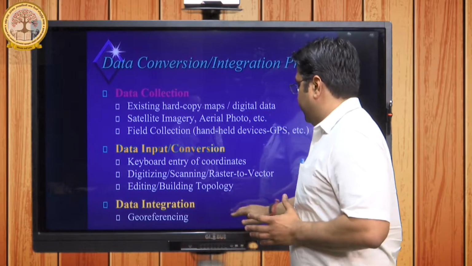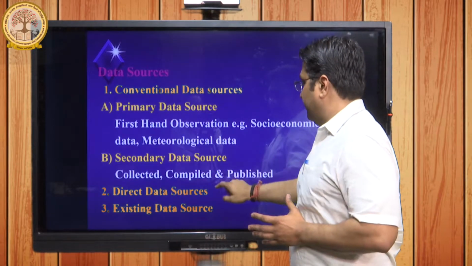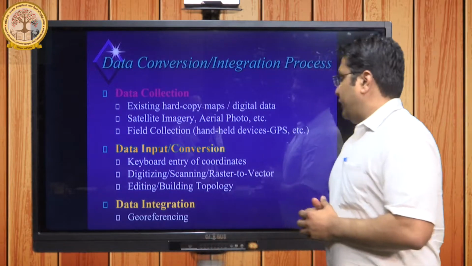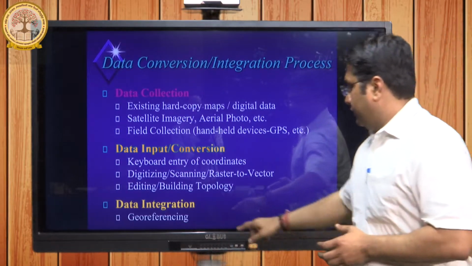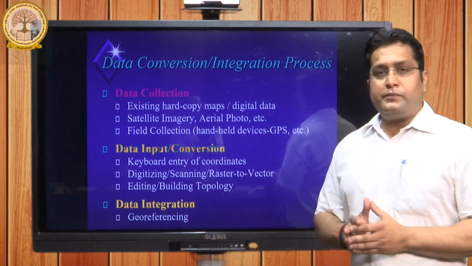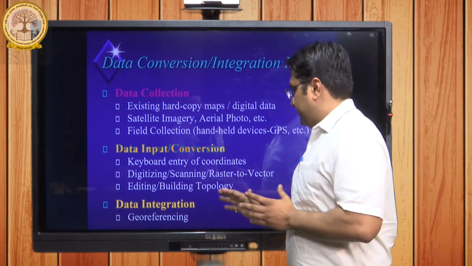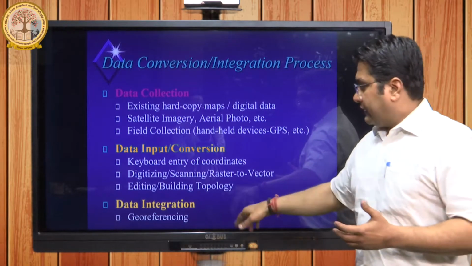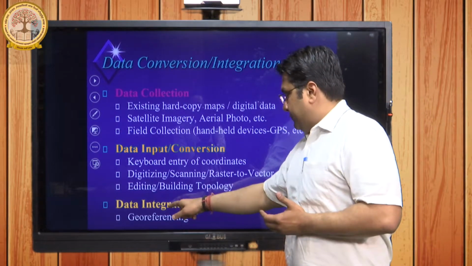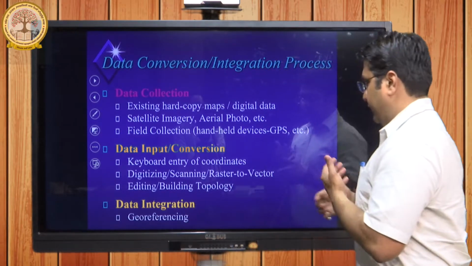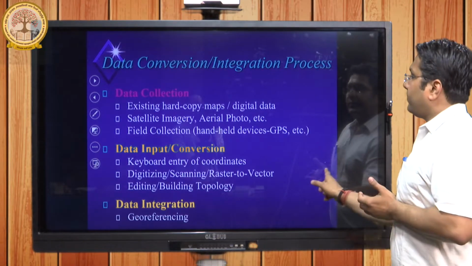Georeferencing is closely related to keyboard entry of the coordinates. That means we are assigning the projection system and preparing our map ready for geoprocessing. That kind of activity can easily be performed in the georeferencing process.